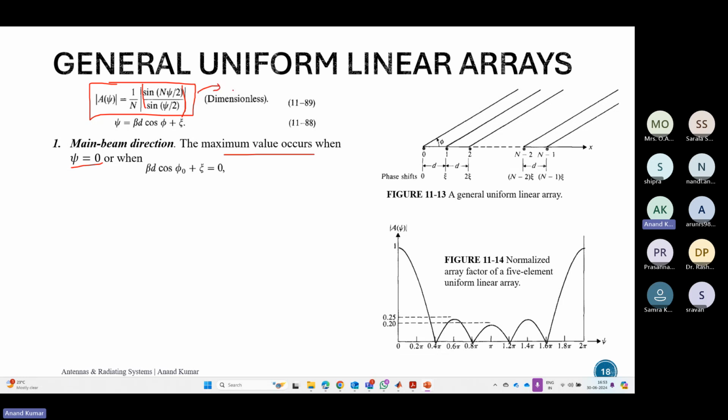For this function, you have to use limits for n x by sine x, and if you do a derivative and solve it, you'll find this achieves its maxima as x tends to 0. So at psi equal to 0, we get the maximum value of this pattern function and the array factor.